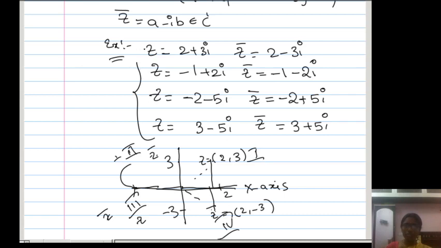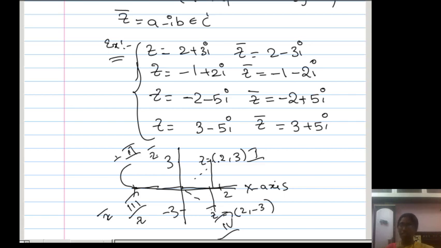So what happened in all cases you observe here? In all cases, what I understand geometrically is that when any complex number is given, the conjugate of that complex number is its mirror image through the x-axis. That means if Z is present in the first quadrant, Z bar lies in the fourth quadrant. If Z is present in the fourth quadrant, Z bar is present in the first quadrant.